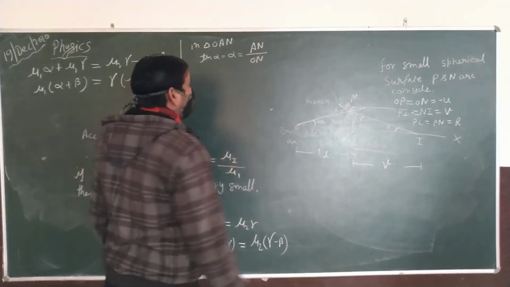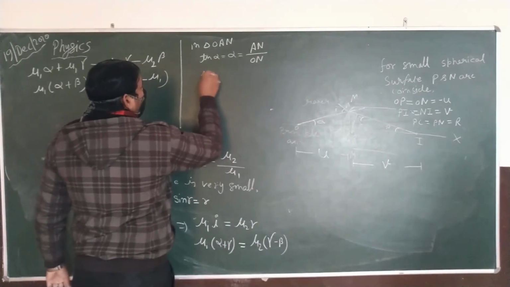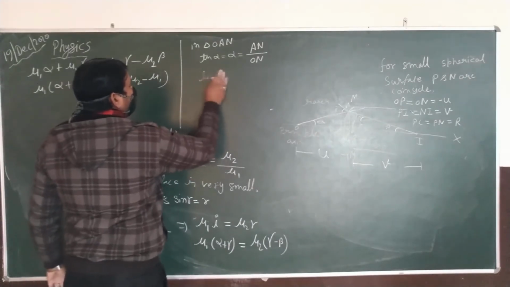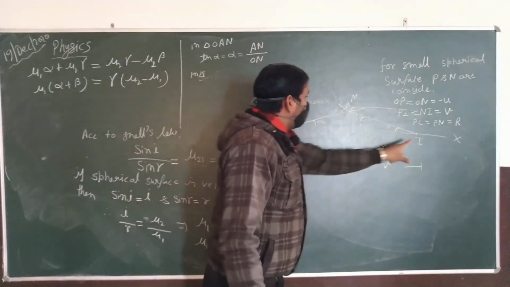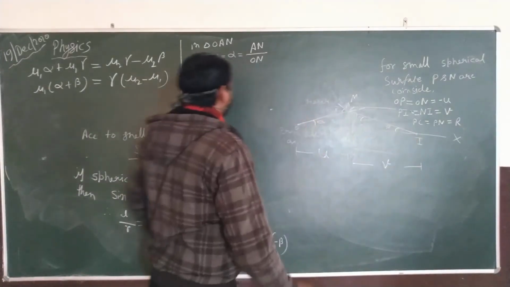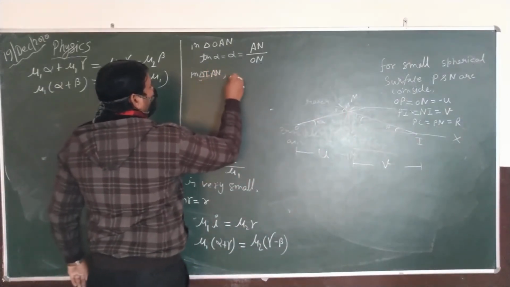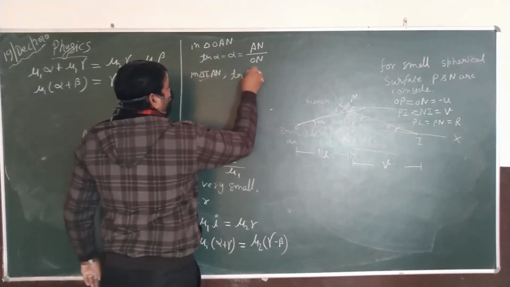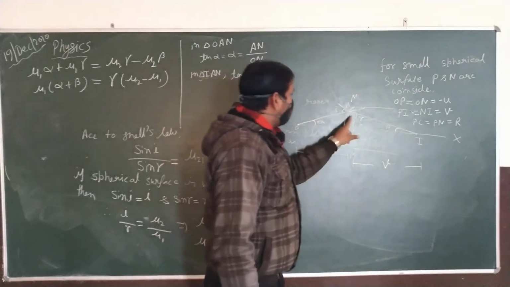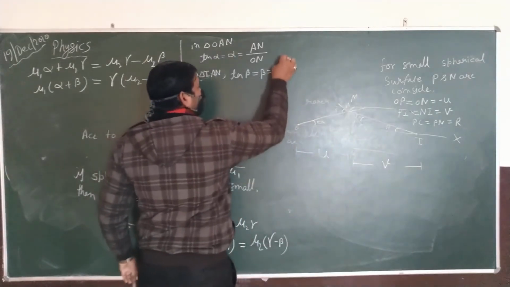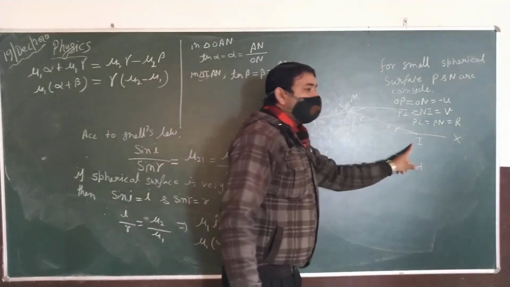Clear? Second, tan beta in triangle IAN, tan beta is equal to beta, and this we get AN upon NI.